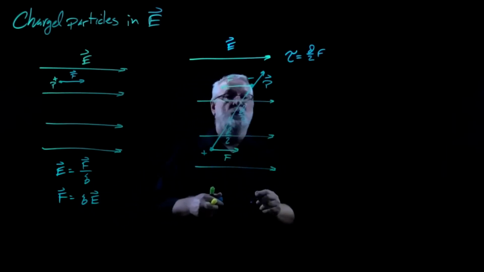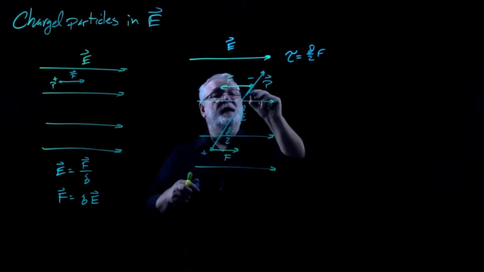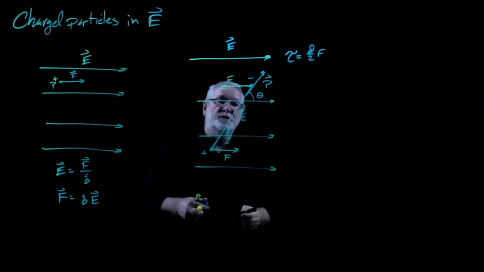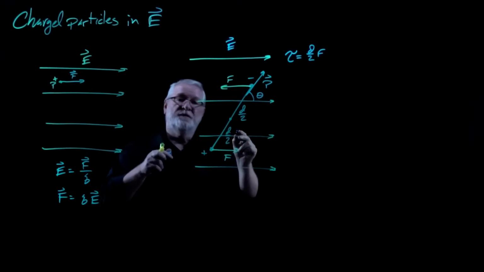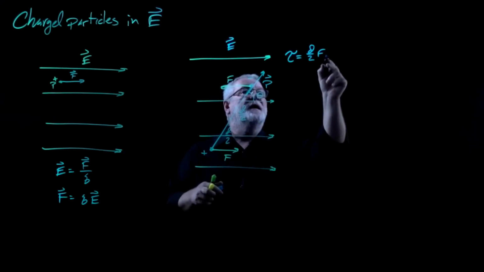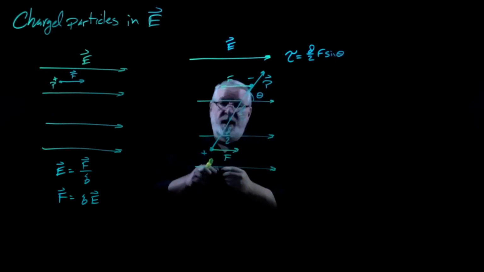It'll be equal to QE. And then finally, it's also going to be equal to the sine of the angle, which will be right here. That angle is between the electric field direction and the direction of the dipole moment. I'll take the sine of that angle, and that will tell me the magnitude of the torque.